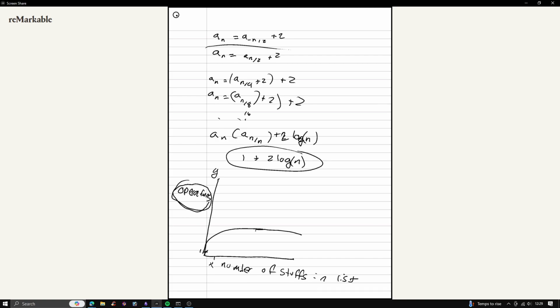It was not a big change. But why is that? Well, it's really just because we're exponentially decreasing the size of the list.